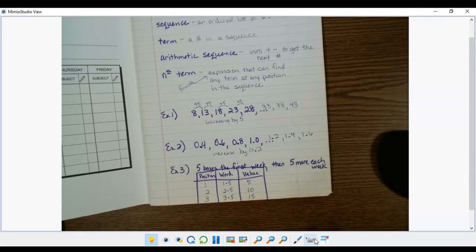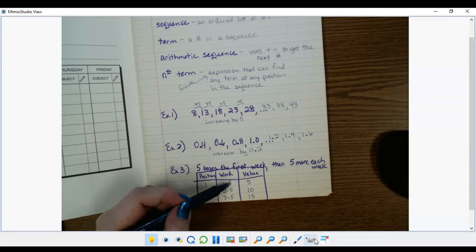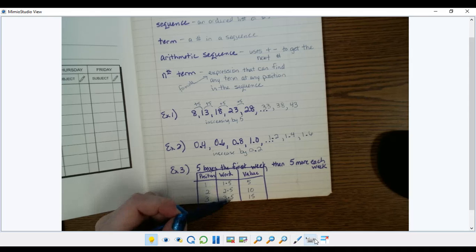But what do you notice? This is staying the same each time. Every week, I'm just multiplying by 5. What's changing? The number of weeks. The thing that changes or varies is what gets your letter.